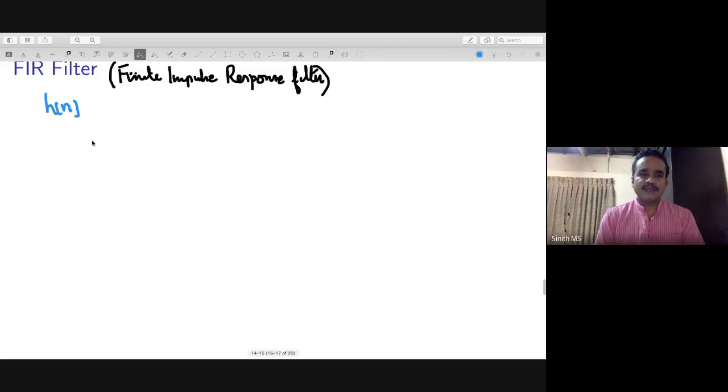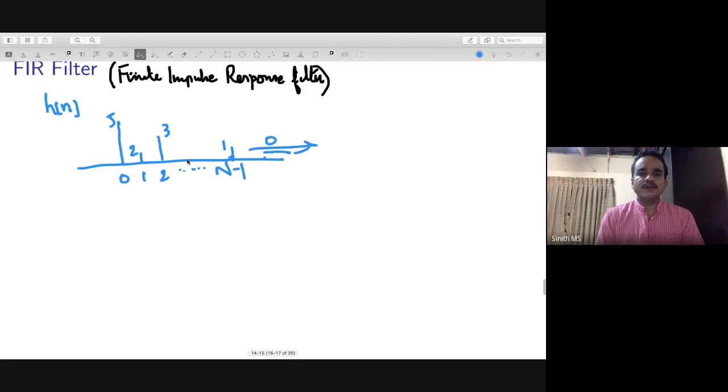If you plot h[n], say from 0 to n minus 1, you have n values, and nothing else in the other region; those values are 0.